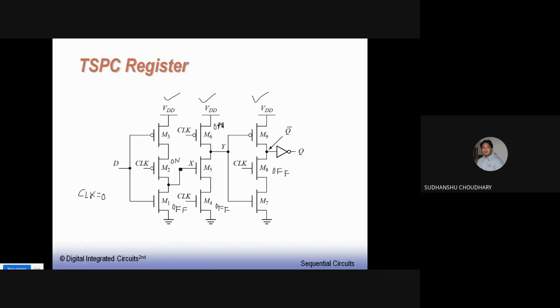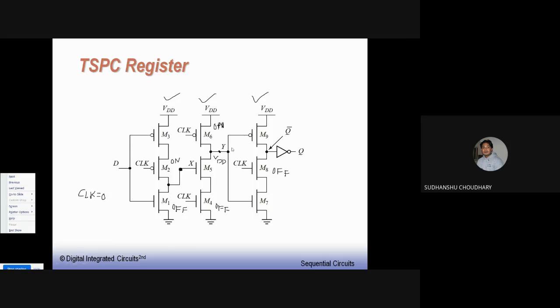At the same time, since this MOSFET is off, this inverter is in the pre-charge phase. That is, this node Y will be charged to full VDD. So at X I have D bar, and at Y I have VDD. And this inverter, this entire pair, is in hold state, because this transistor is off and this MOS is off.